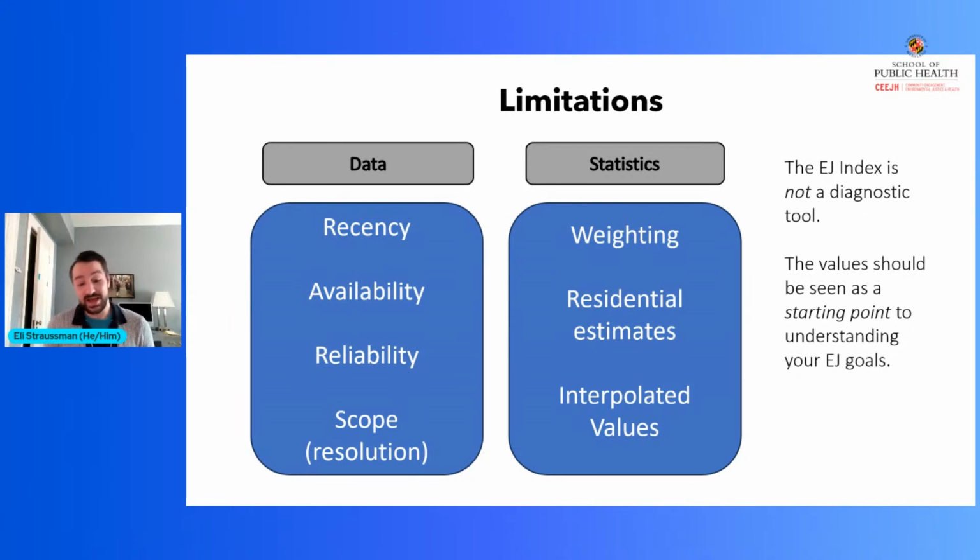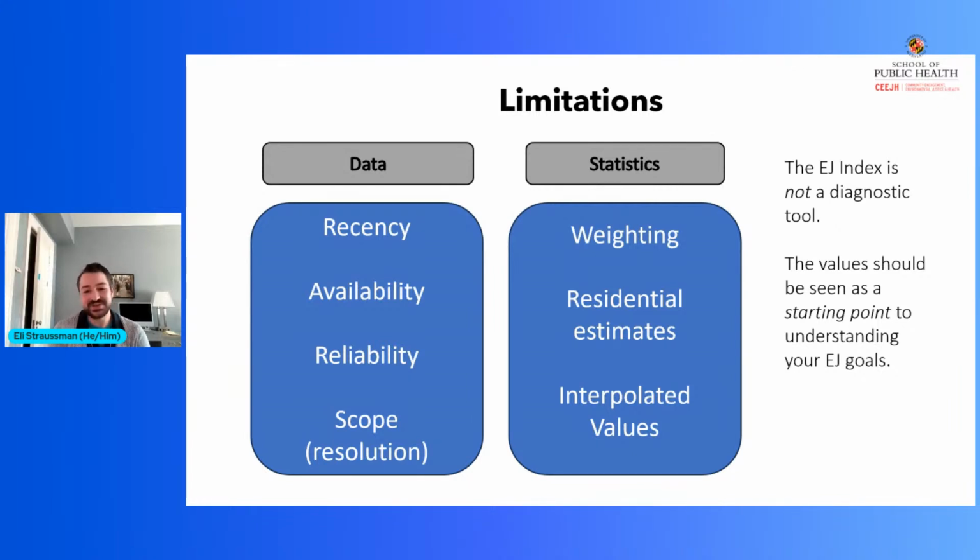And while we have built our model off of the California model, which is very reputable, the variation in weighting schemas amongst the tools does create a bit of a contextual differential when analyzing the values of this tool. Now, the other big limitation on the statistical side is the interpolated values.